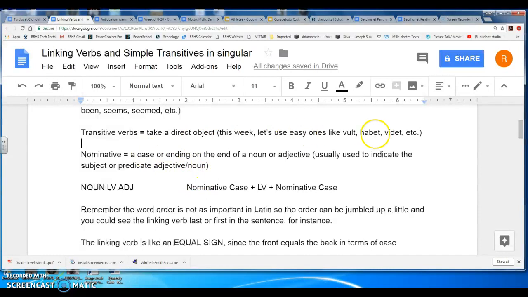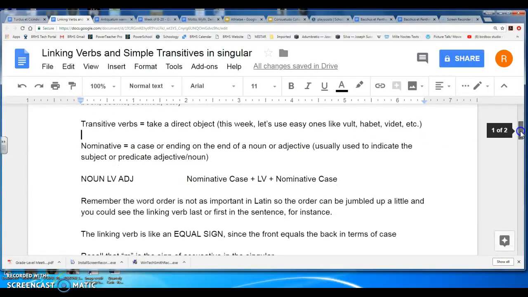We're going to talk about simple transitive verbs in the present tense and in the singular number this week. The nominative is a case or ending on the end of a noun or adjective. Usually it's used to express the subject or the predicate nominative or complement.